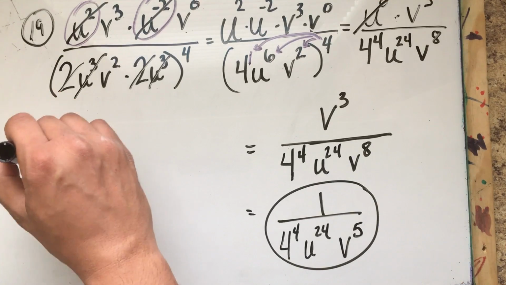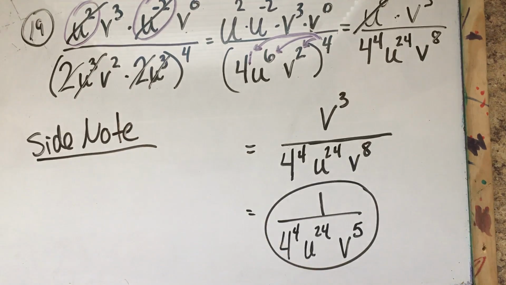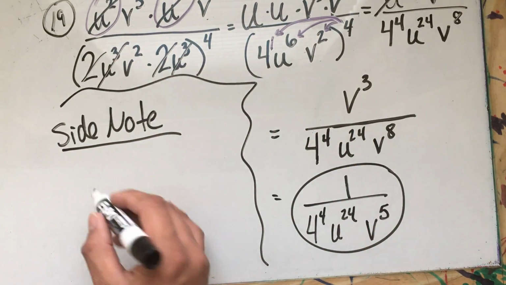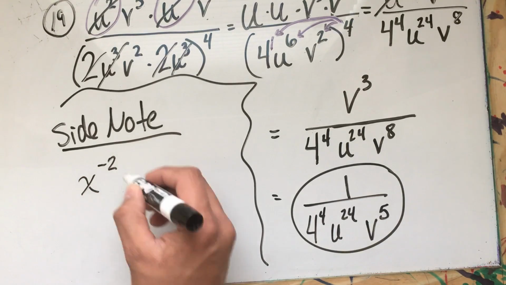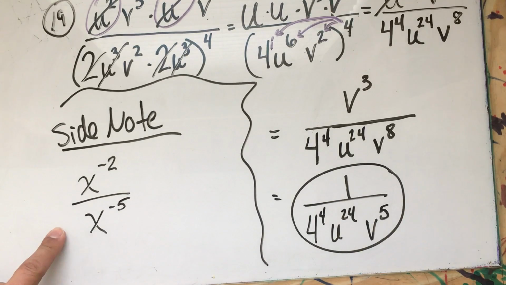Now here's a little side note. So what if you had something like this? What if you had x to the minus 2 divided by x to the minus 5? Something like that. Well, this is a very good question. Okay, what do you do when you do this?